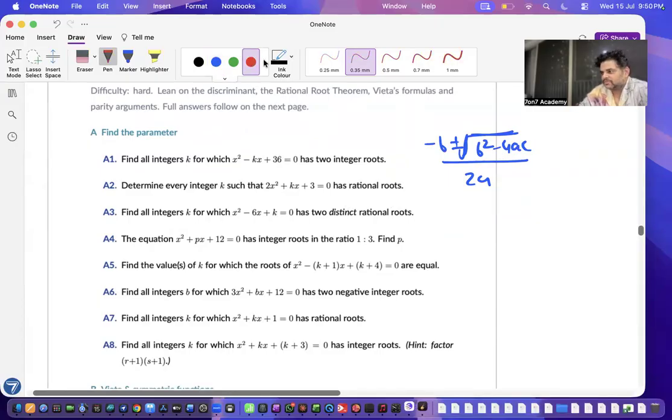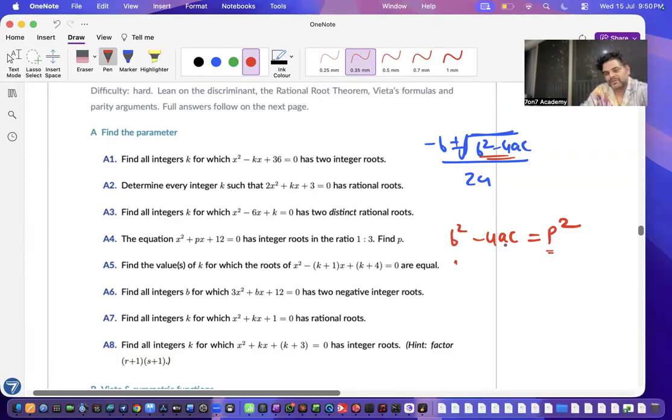Tell me. If that is not a perfect value, then it won't be integral. These are irrational roots. Agree? So first, this has to be a perfect square. Condition 1: b square minus 4ac has to be a perfect square. Suppose p square. Okay. So first step, let us find out what those p values can be.